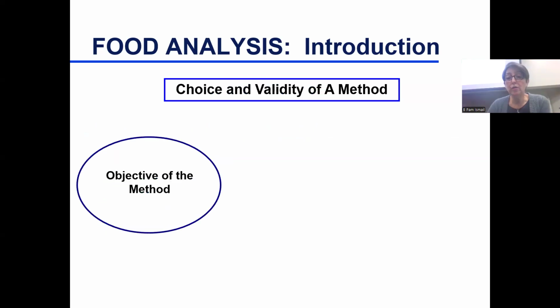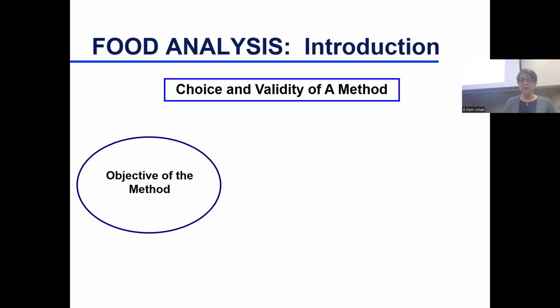So continuing with the choice of methods, we did talk about when you want to analyze a component of food or a characteristic of food, there are so many methods available to you. And you're going to learn a lot about different methods, but also how to choose and when to choose what method. Part of our choice of the method has to do with the objective.